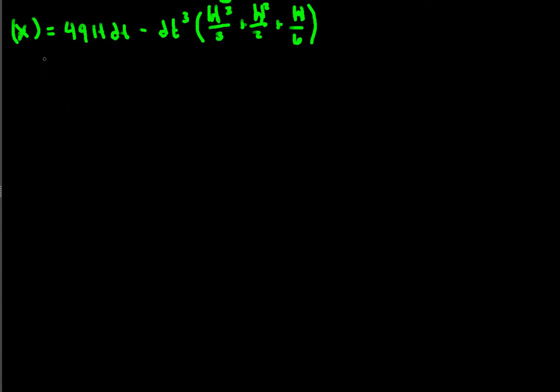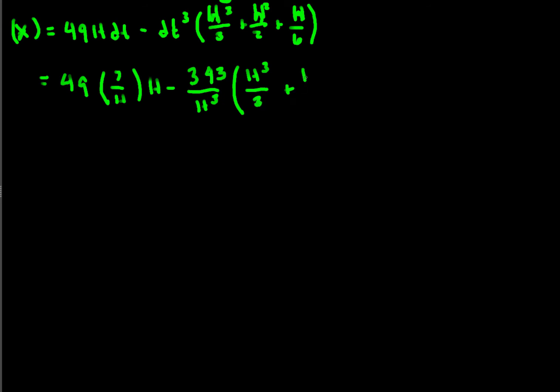And we get that this is equal to 49 times 7 over h times h, minus 7 cubed, which is 343, over h cubed times h cubed over 3 plus h squared over 2 plus h over 6.